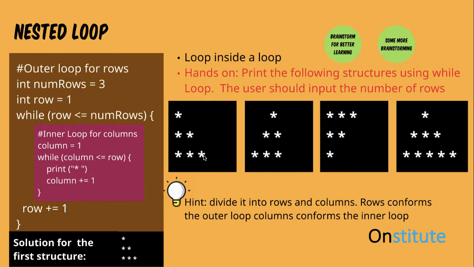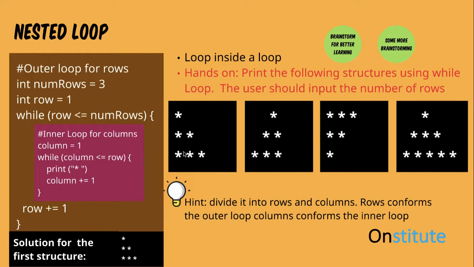You have to understand what it is doing. If you look at the structure, then you will realize that the first row has only 1 column in it. The second row has 2 columns in it. The third row has 3 columns in it.